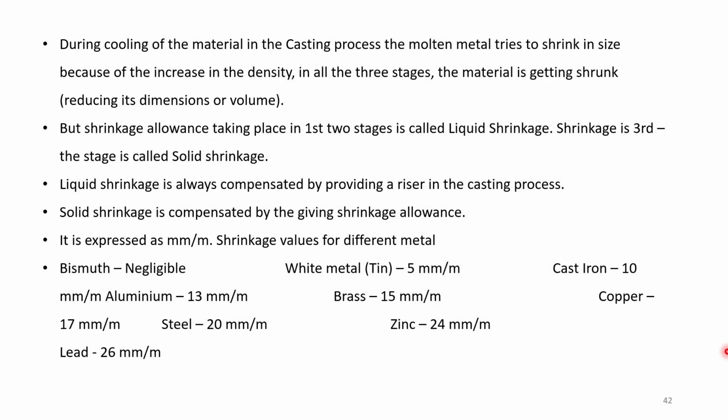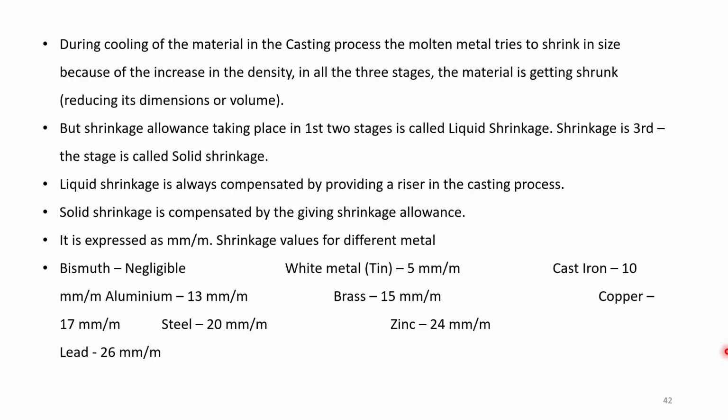The liquid shrinkage is compensated by the presence of a riser in casting, while solid shrinkage is compensated by giving shrinkage allowance, and it is expressed as mm per meter. The shrinkage values for different metals are given here. For bismuth it was negligible, for white metal 5, cast iron 10, for aluminum 13, brass 15, copper 17, steel 20, zinc 24 and lead 26.